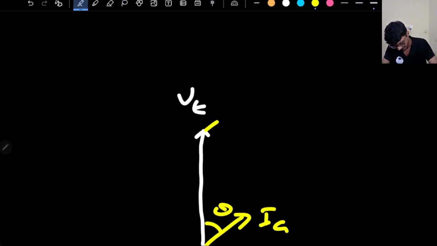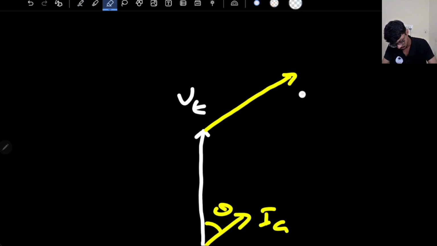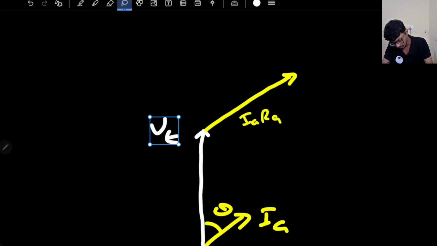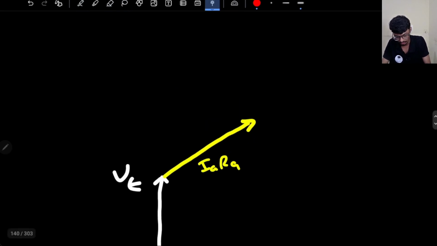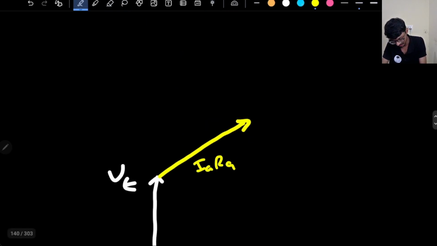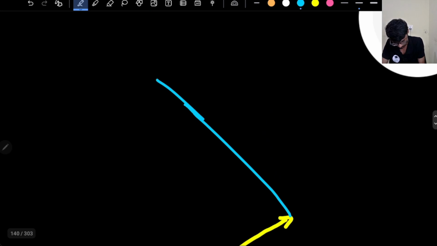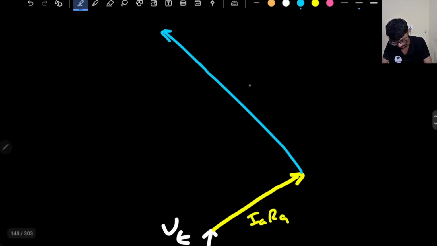This will be IaRa. What about JXS? JIaXS will be 90 degrees clockwise here. I'm just drawing the rough diagram here.